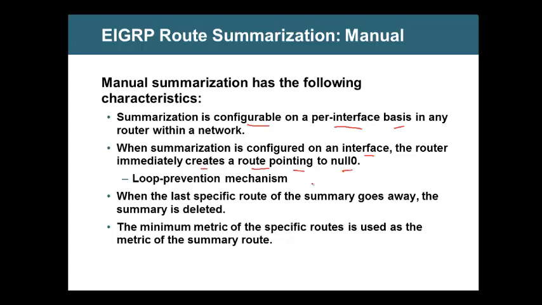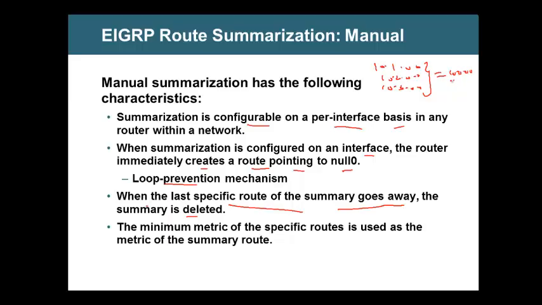I showed you. That is to prevent loops. Next, when the last specific route of the summary goes down, the summary will be deleted. So we saw 10.1.0.0, 10.2.0.0. For this, we saw the summary route is 10.0.0.0.